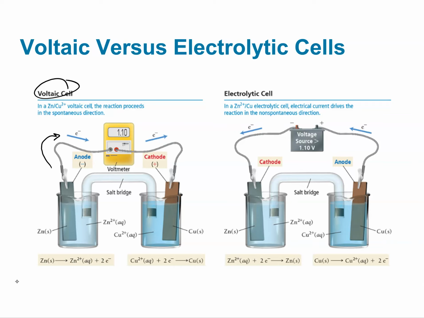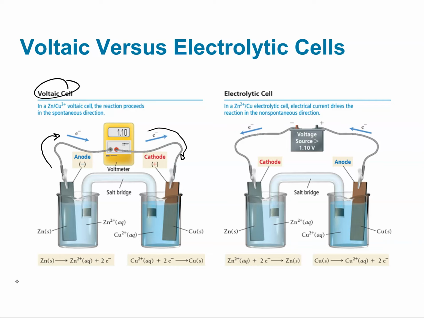You can see that we have a net difference in potential of 1.1 volts, and then it runs down to the copper and is given to the copper, where it is applied to the copper 2 and precipitates solid copper onto the cathode.